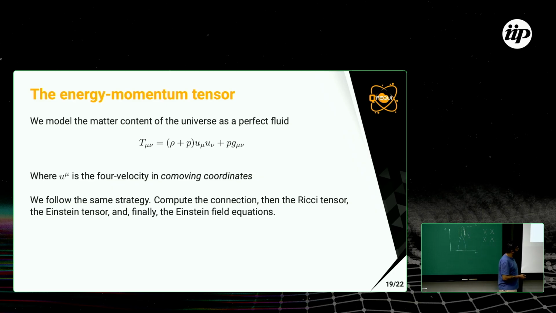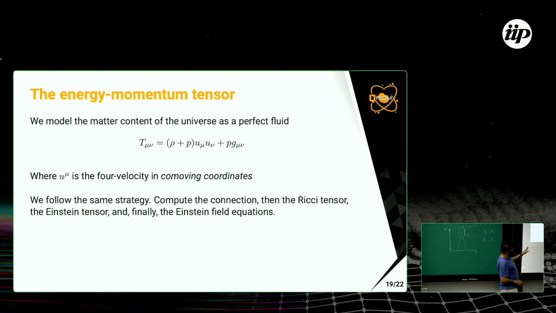These equations turn out to be a little bit more complicated than the Schwarzschild solution, but the way we solve it is exactly the same. We compute the connection, the Ricci tensor, the Einstein tensor, and the Einstein field equation. But now the Einstein field equation has matter on both sides.